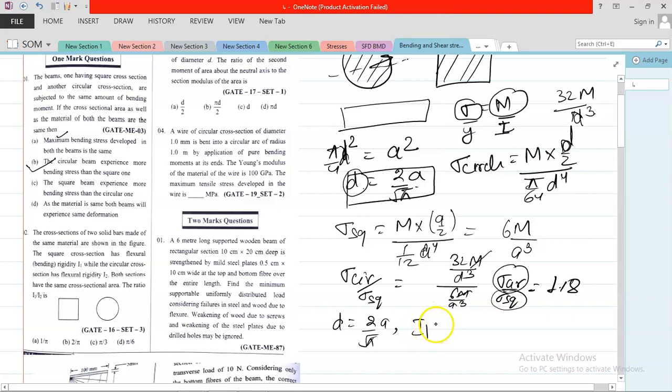So I1, for the square, is 1/12 a^4, and I2 is π/64 d^4, and you know the a to d ratio, so you can simply obtain the answer.